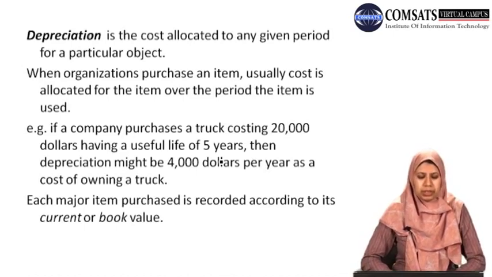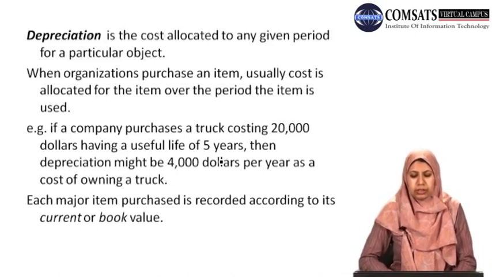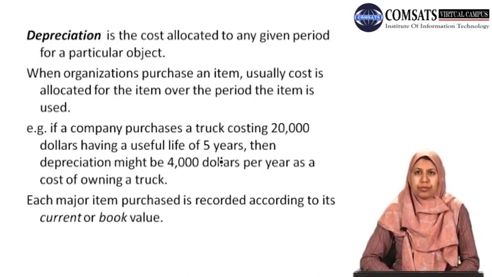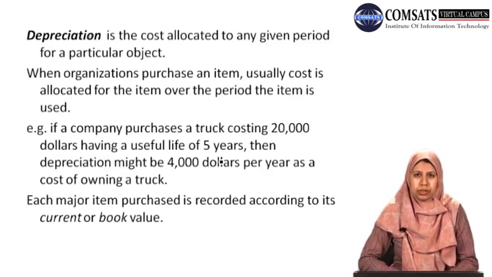For example, if a company purchases a truck costing $20,000 having a useful life of 5 years, then depreciation, that is the cost allocated to the truck for the given period of 5 years, will be $4,000 per year as a cost of owning a truck. That is, we have allocated $4,000 per year for the cost of truck.